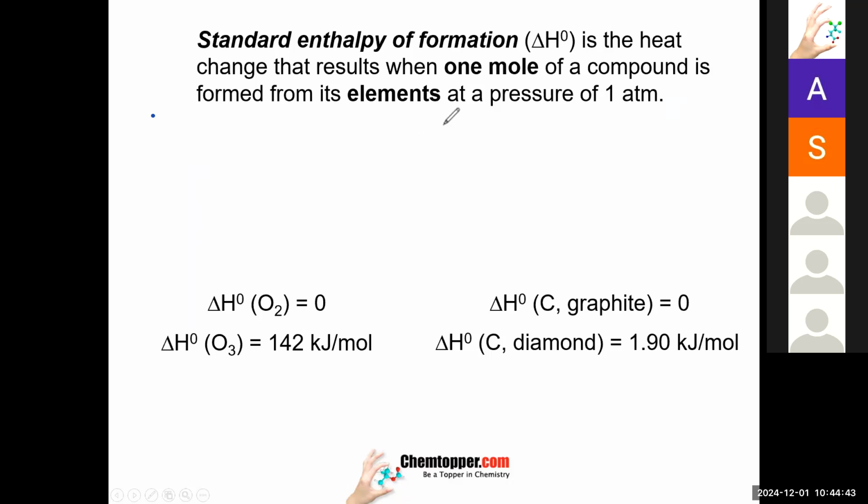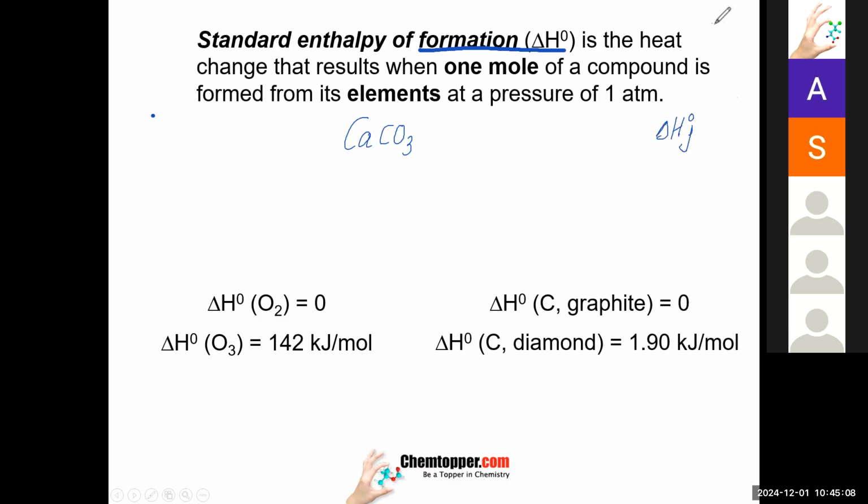One is delta H naught formation of any compound. I'm giving you the compound here, calcium carbonate. This is the compound. I want to calculate delta H naught formation.